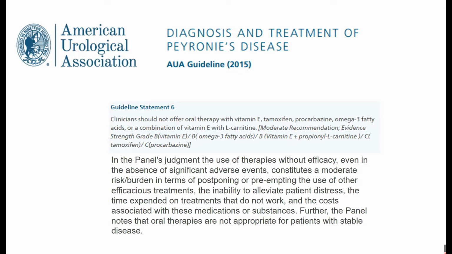There is the inability to alleviate patient distress, the time expended on treatments that do not work, and the cost associated with these medications or substances. Further, the panel noted that oral therapies are not appropriate for patients with stable disease.